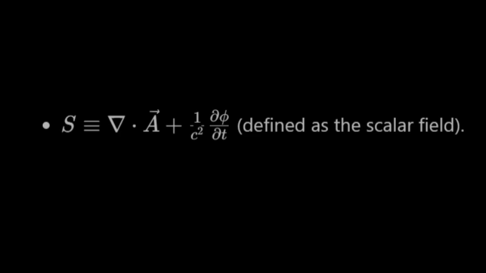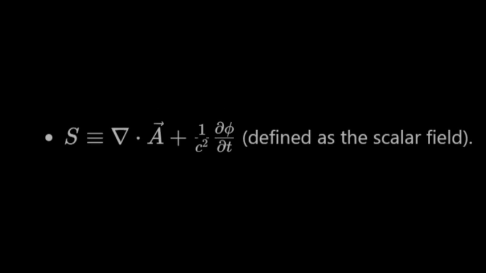Now, according to the scalar field expression, this field arises from the divergence of the magnetic vector potential and the time derivative of the scalar potential phi. So this divergence of vector potential is typically not considered seriously at all. So it's considered to be arbitrary. It's set to whatever is convenient to make the math more simple.